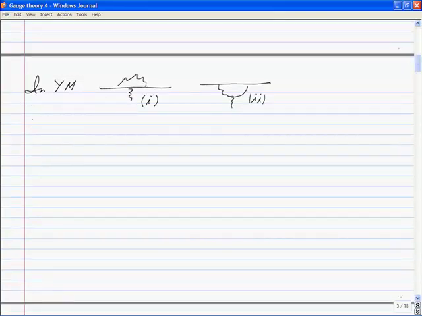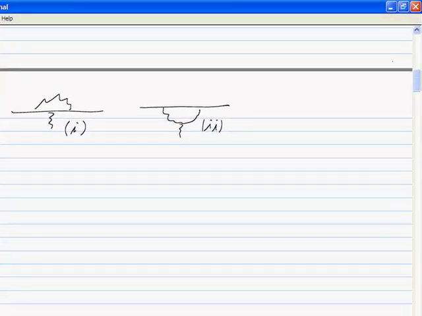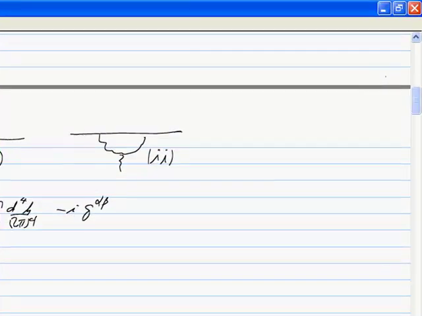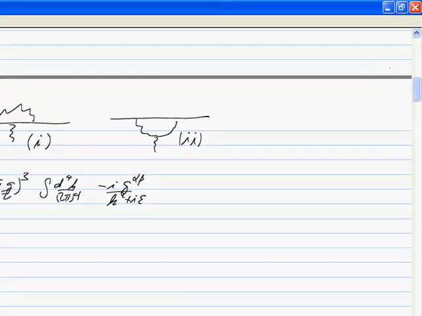So let's look at the factors that are involved in this. I have minus ig lambda mu of p and p prime. Well, I'll just write out the Feynman rule. It's minus ig over 2 cubed integral d4k over 2 pi to the 4th, minus ig alpha beta over k squared plus i epsilon.